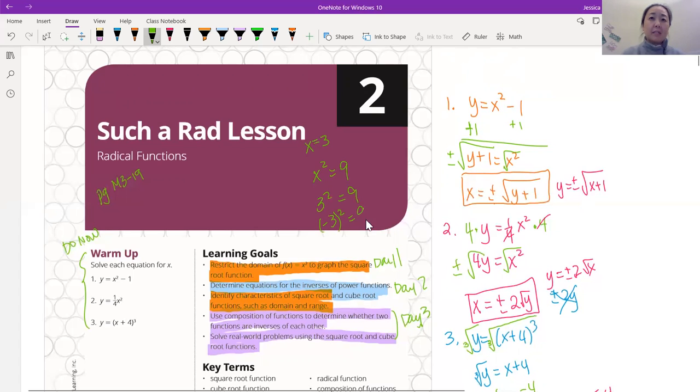Because if we look at -3 times -3, that also gives you a positive 9. So it could be both. It could be 3 or -3, or the way we write it succinctly is plus or minus 3, which means 3 and -3. So we have to account for both answers. We got the positive side and also the negative side. Those are both feasible answers.